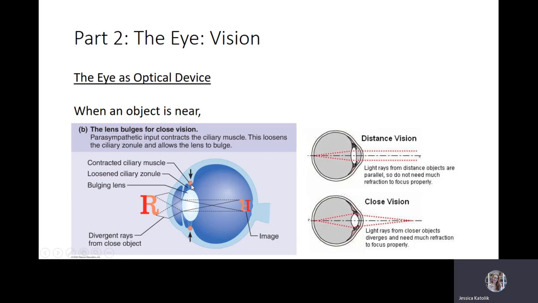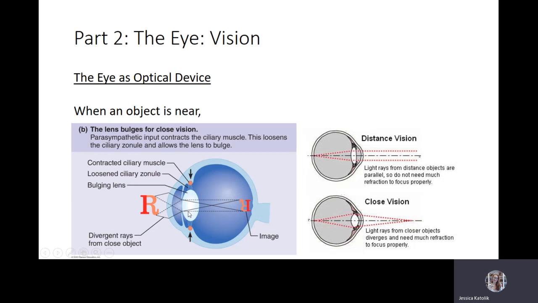And so when this contraction occurs, the ciliary zonules, or the suspensory ligaments, will relax, and they won't pull as much on the lens. And so the lens will relax and become a bit more bulged. And this will increase the amount of refraction that the lens is capable of doing.